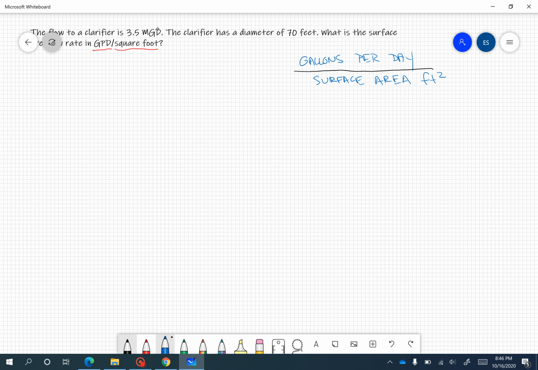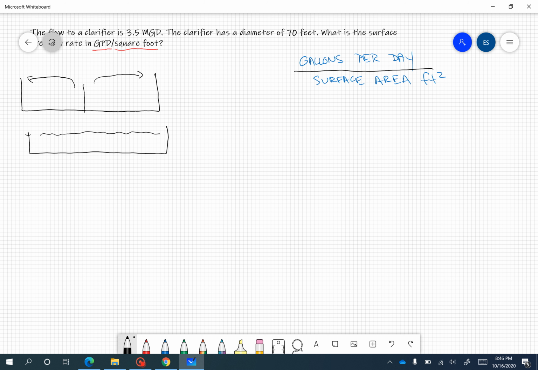This is an important concept in wastewater because in a clarifier, be it a round clarifier where the flow enters in the center of the tank and radiates to the outside, or a rectangular clarifier where the flow enters at one end and then flows to the other, you want to give enough time for solid particles to sink.